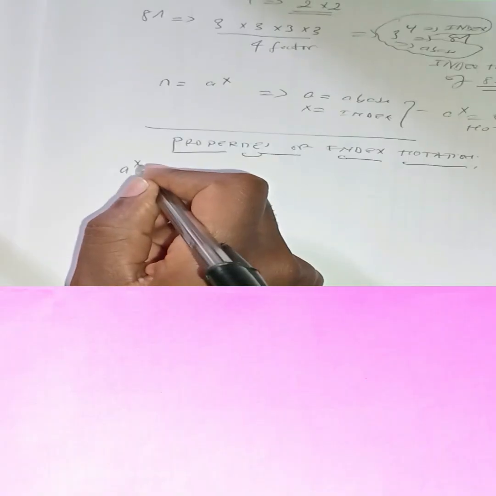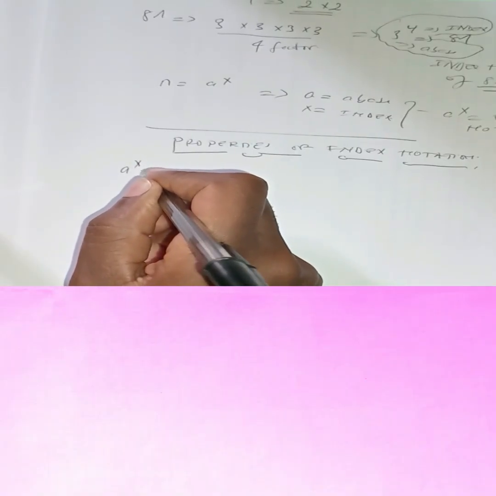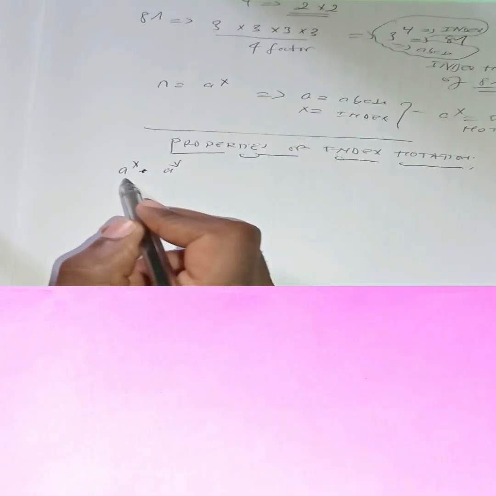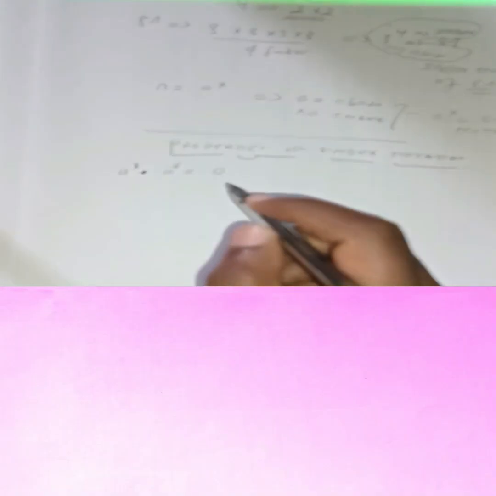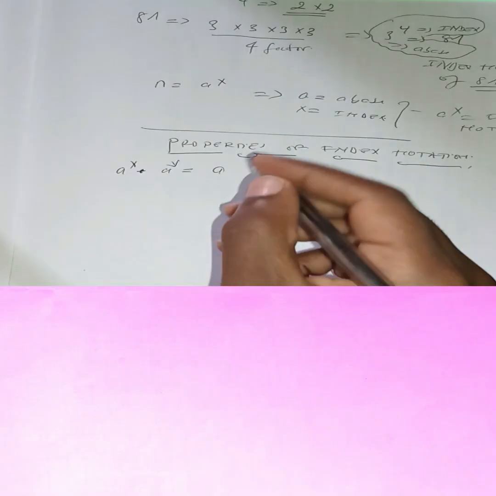When you have a power x times a power y, when the bases are the same, we take a, which is our base, and then we add our indexes or our powers. Then we take x plus y.